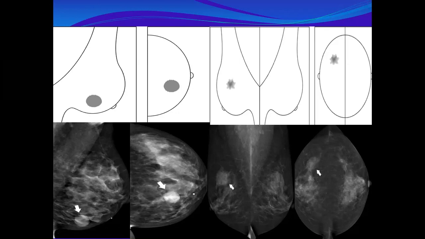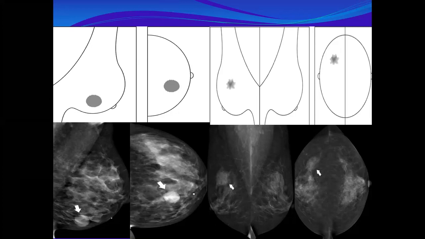But if you are in doubt between a mass and an asymmetry, label it as focal asymmetry until proven to be a mass, until it fulfills the criteria of a mass. You got my point? Yes, I got it. Are you convinced? Yes, dear. Thank you.